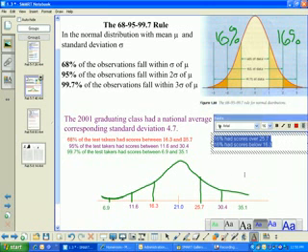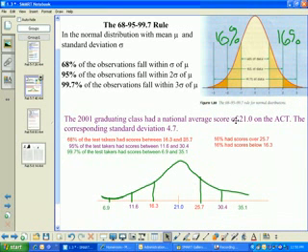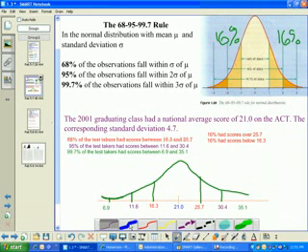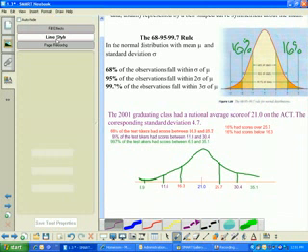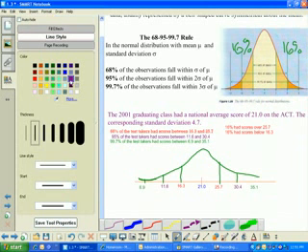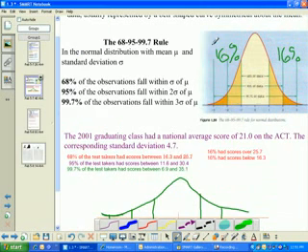We can do the same idea with the 95%. So if 95 is in the middle, that 95 and 100 have a 5% difference.